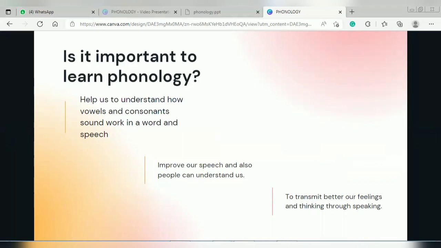Also, this type of topic can improve our speech, and people can understand us better. And also it lets us transmit our feelings and thinking better through speaking.